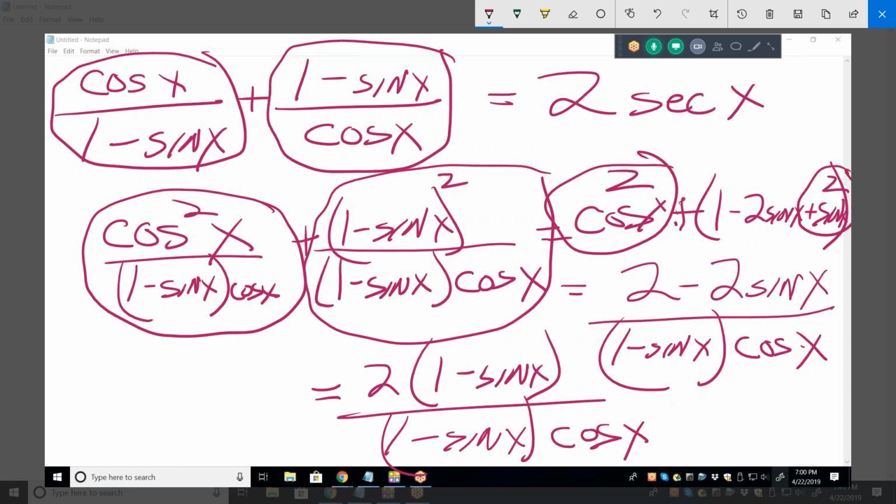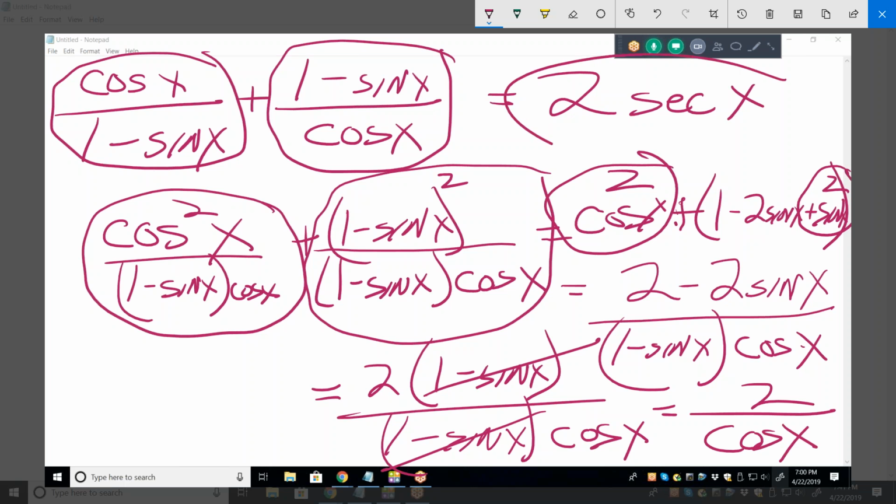And now I can cancel that with that. That's why you normally don't distribute when you see something multiplied together. Had I distributed the denominator, I would have just made it harder to see. Well, now I got 2 over cosine x, which is 2 secant x.